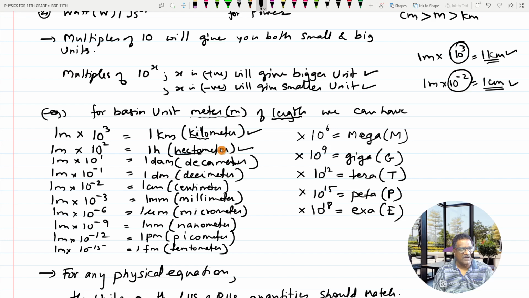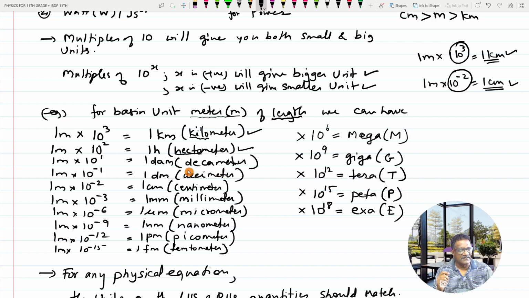Now these two are bigger units compared to the meter. Now 1 meter into 10 raised to 1 will make it a bigger unit. Why? Because it is multiplied by 10 raised to x, where x is a positive integer. So 10 raised to 1 is nothing but 1 decameter.